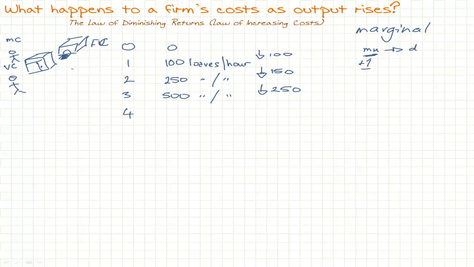They're going to start tripping over each other, they're going to get in each other's way, so we've already had a third person, now we've got the fourth person, and they're going to start bumping into each other. So yes, output will go up, but this time not as much as when we added the third person. So we've got up to a total output of 700. So our output has gone up by only 200 this time.